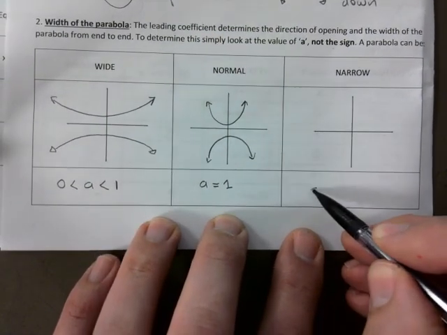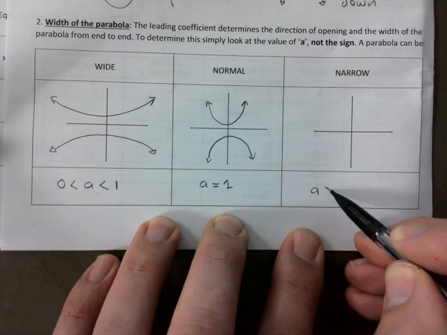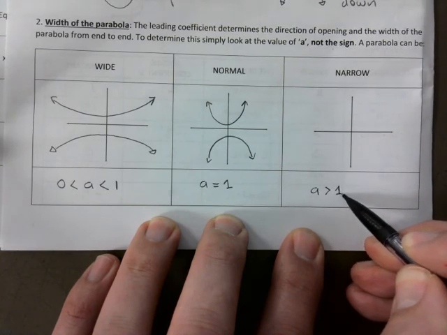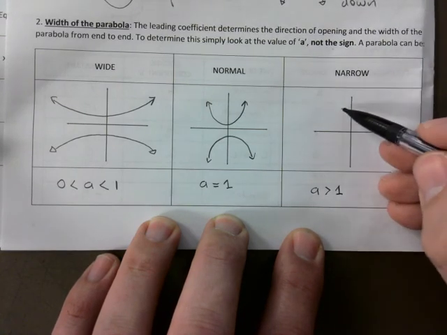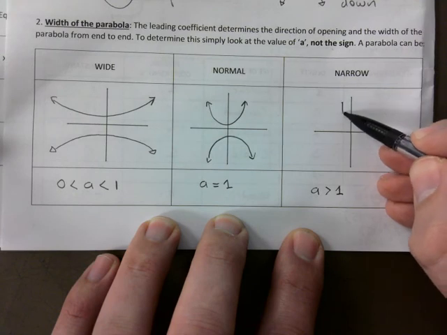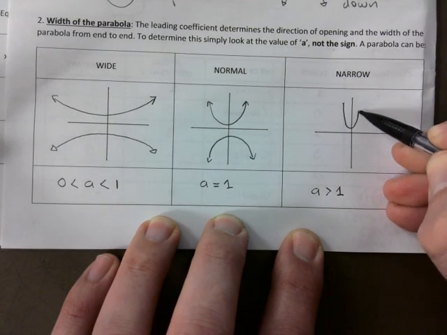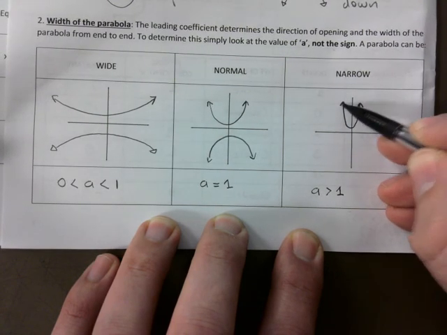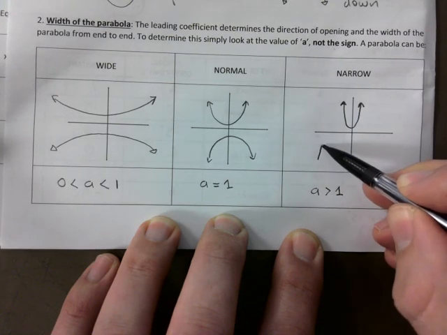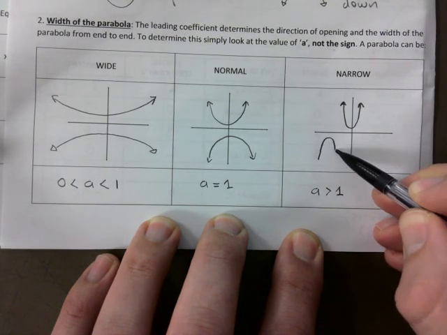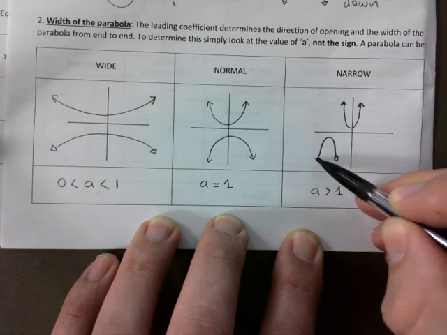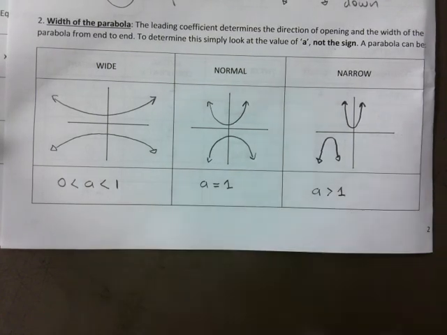That is when A is greater than 1. Let's make it very narrow, like I'm just going to go right along like this. Doesn't matter if it's close to the y-axis or not. Just make it narrower compared to the other one.